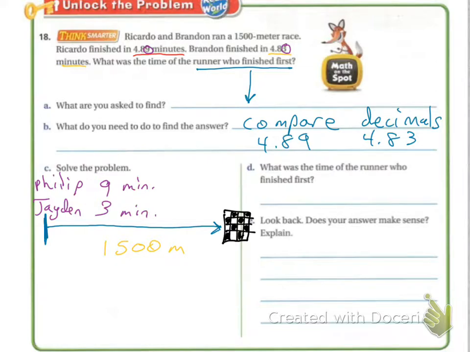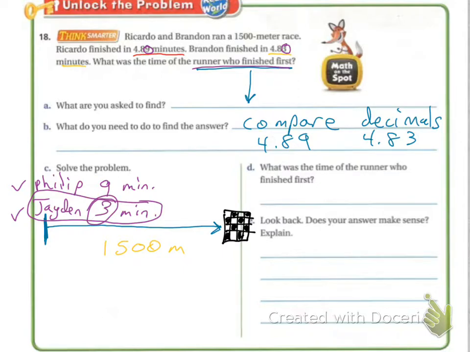So in other words, after 3 minutes, Jaden's done, and he's walking, he's breathing hard, and he's just slowing down. Philip, he's still running, and he's going to run for 6 more minutes. So which runner finished first? Well, it was definitely Jaden. And that's because his amount of time is less. It's the smaller number. The first finisher has the smaller number. So there he is with his winning time of 3 minutes.